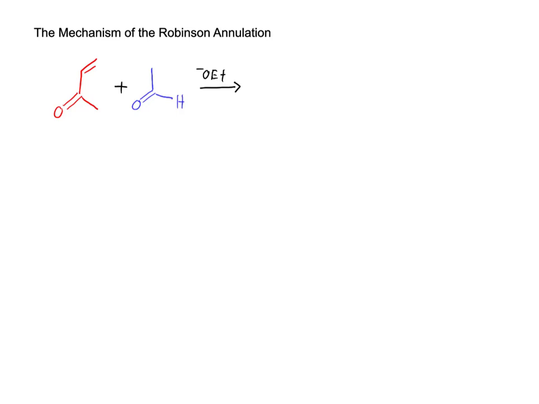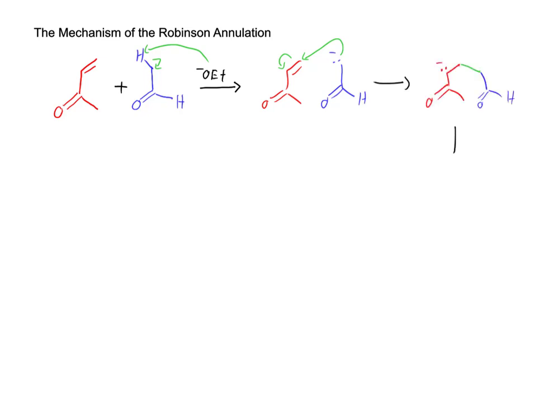So first we're going to look for the acidic alpha hydrogen in this position on this carbonyl right here, and we're going to use the base to deprotonate it and create an enolate. After the enolate is created, we're going to carry out the Michael reaction. So the enolate is going to attack the beta carbon on the Michael acceptor, and we're going to move the double bond and make it into a single bond, and we're going to put a lone pair on that alpha carbon.